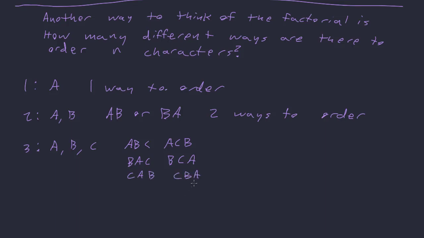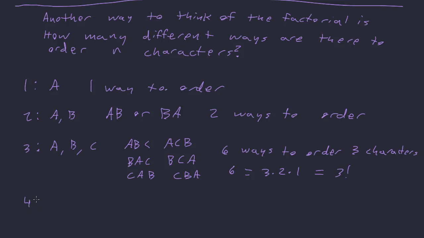And I think that's all of them. So we have 6 ways to order 3 characters. Well, 6 is 3 times 2 times 1, so that's 3 factorial.